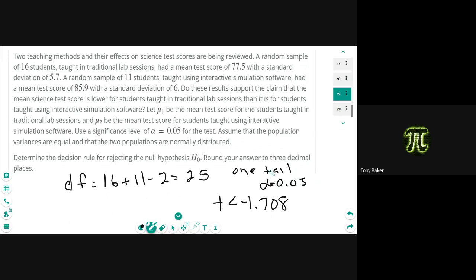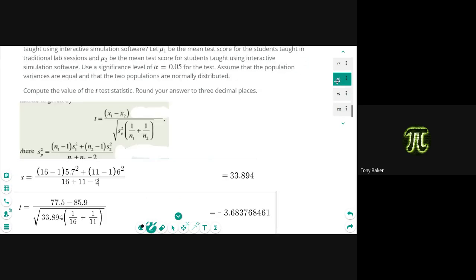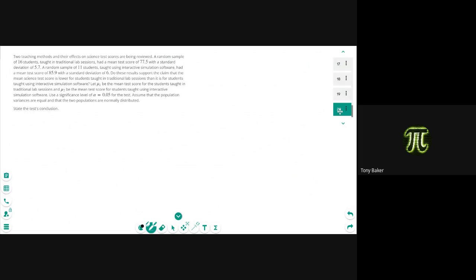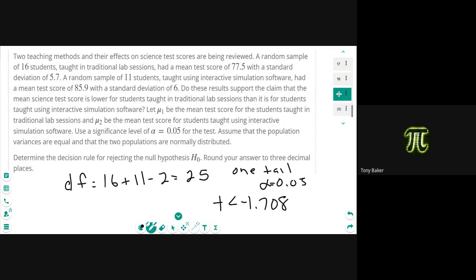So degrees of freedom, we know it's one tail, significance level 0.05. So T is negative since it's less than, right? We decided it was less than? Yes, since it's less than, it's going to be the negative version of that.